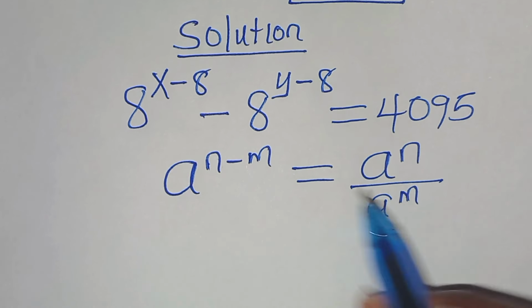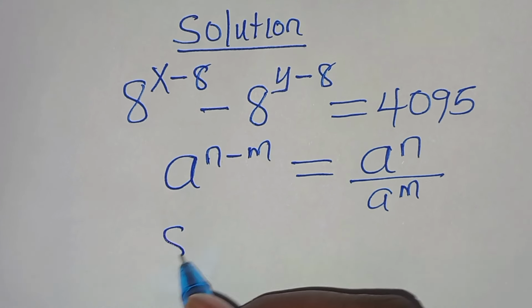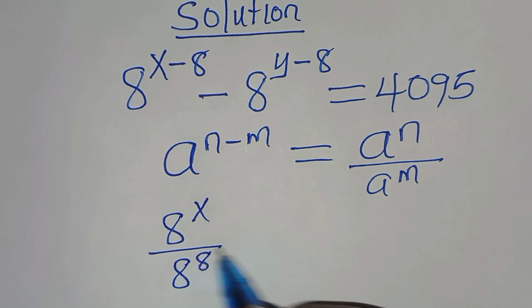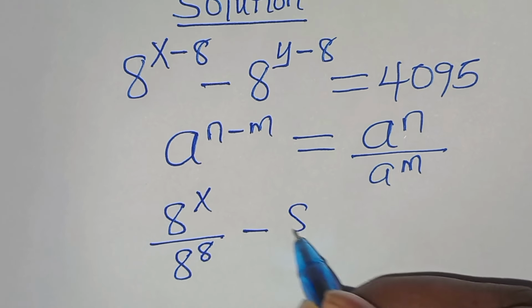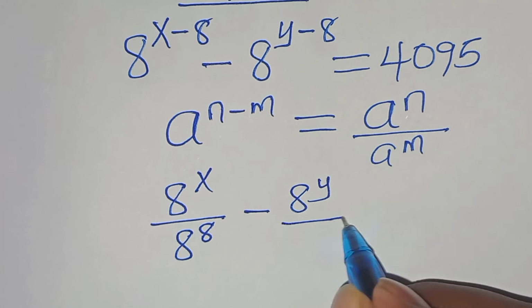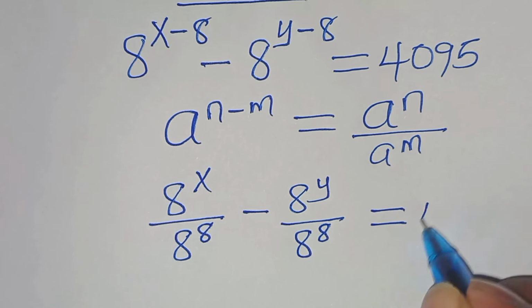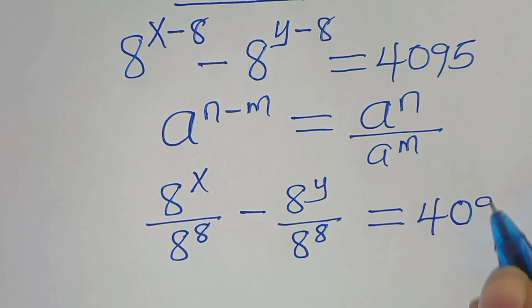Applying this exponent property, we have 8 to the power of x divided by 8 to the power of 8, subtract 8 to the power of y divided by 8 to the power of 8, is equal to 4095.